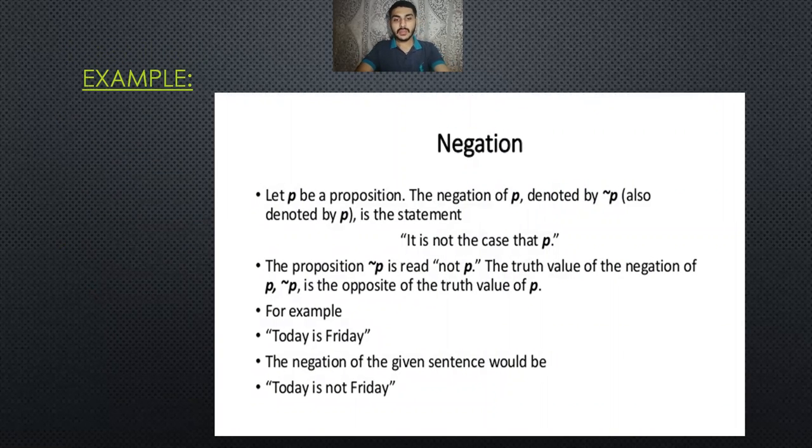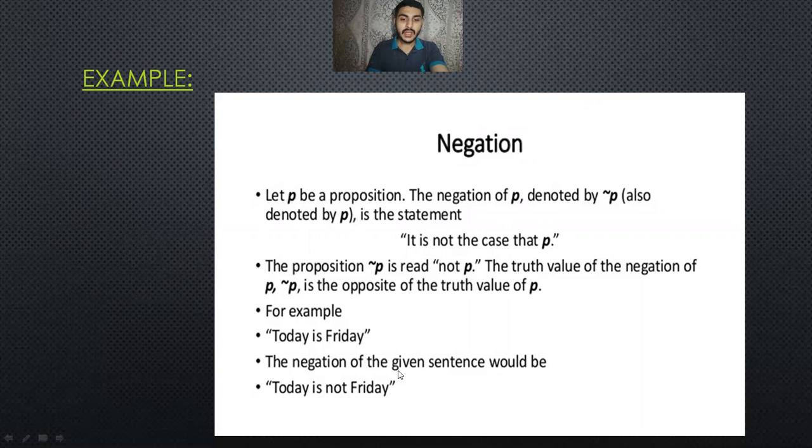Here is an example of negation. Let P be a proposition. The negation of P, denoted by ¬P, is the statement: it is not the case that P. The proposition ¬P is read as not P. The truth value of the negation of P is the opposite of the truth value of P. For example, today is Friday.